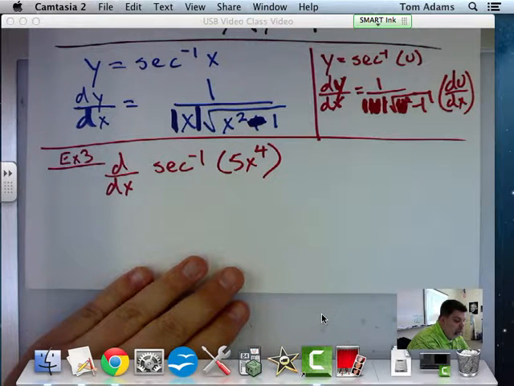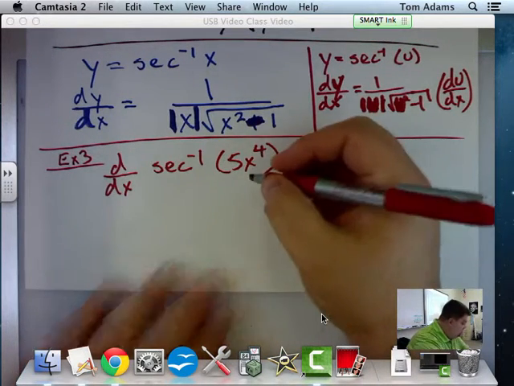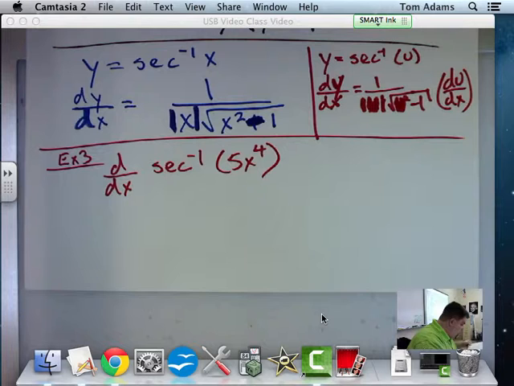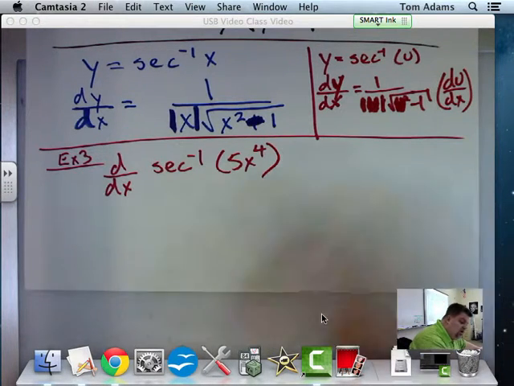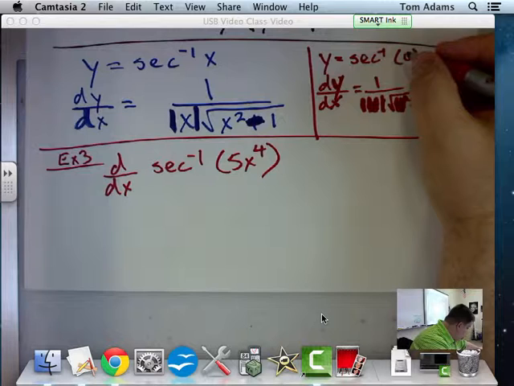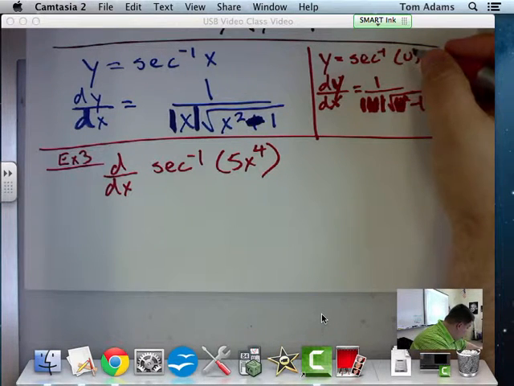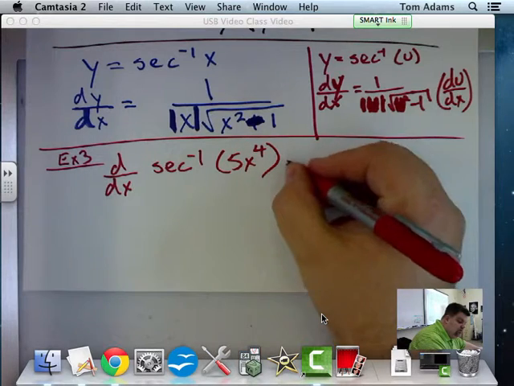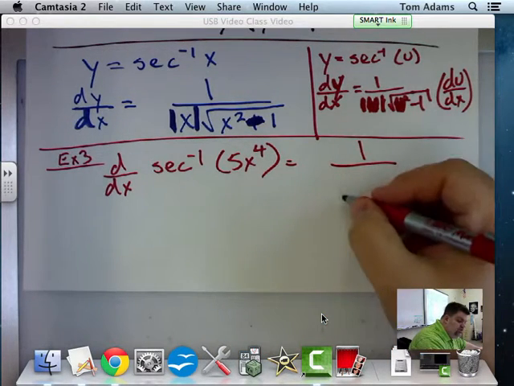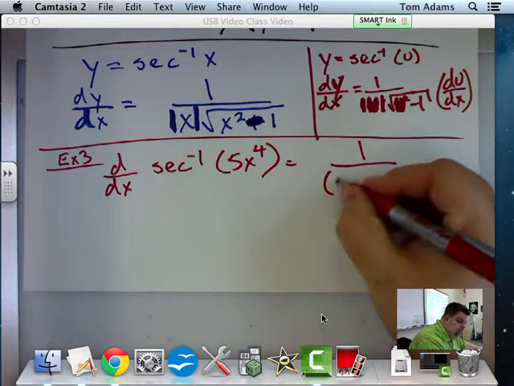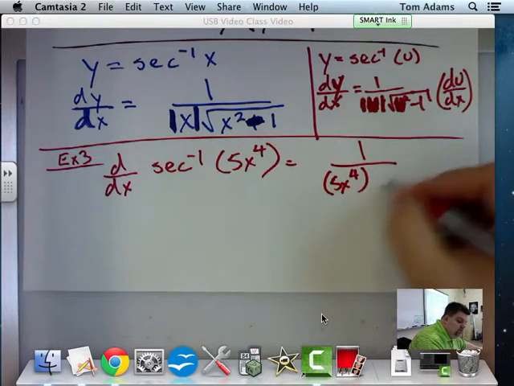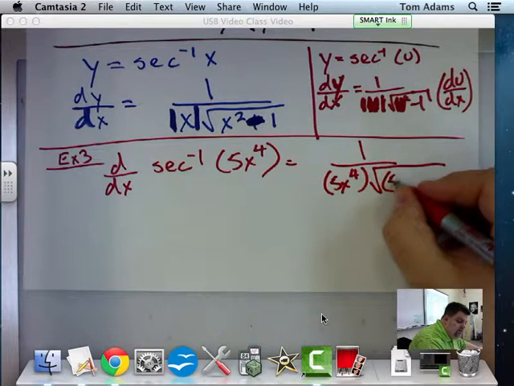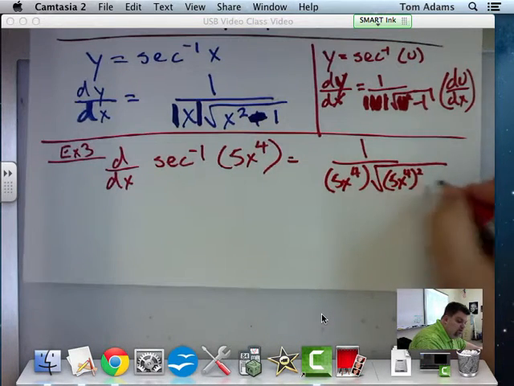Okay? So how that works, my notation's a little sloppy. It's kind of hard to read because I used the marker. What I would do is I would simply say that this is equal to 1 over, what's u? 5x to the 4th times the square root of 5x to the 4th squared minus 1.